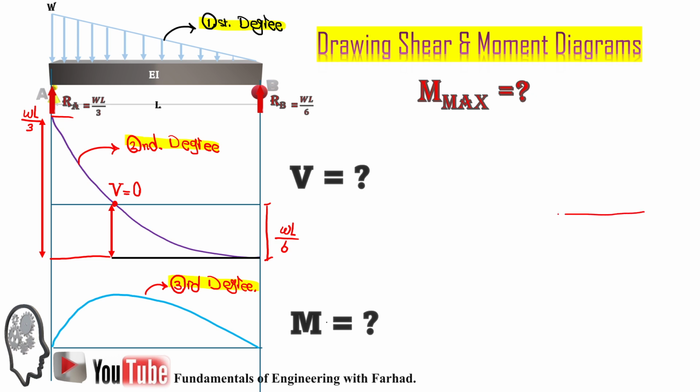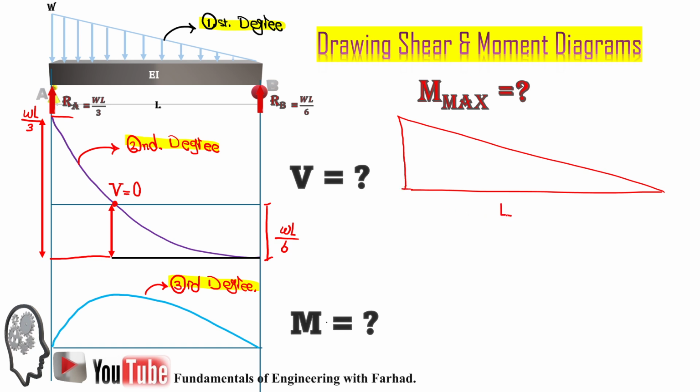for example, let's say we have a triangular shape with the length of L and height of H. It started from a negative WL over 6 and reaches to a positive WL over 6, and the total H is equal to the resultant force, that's Fr is equal to half of WL. So HL is WL over 2.